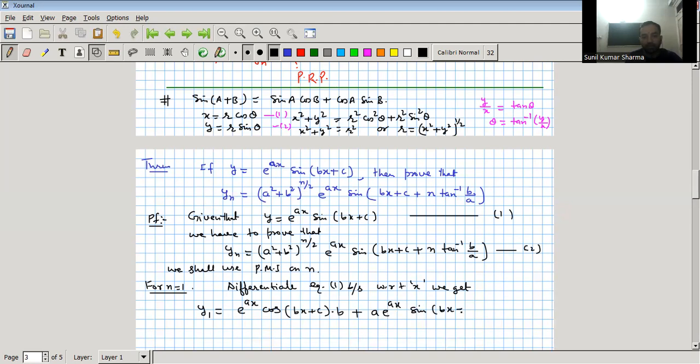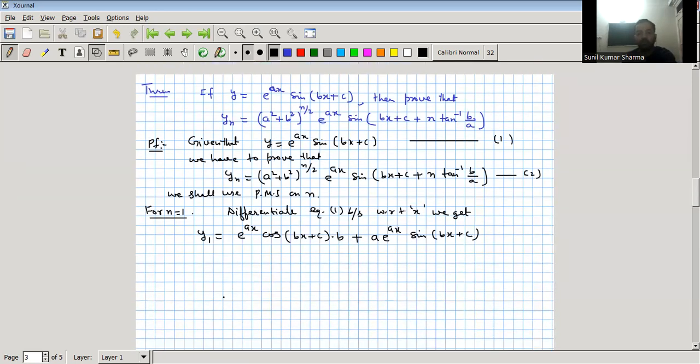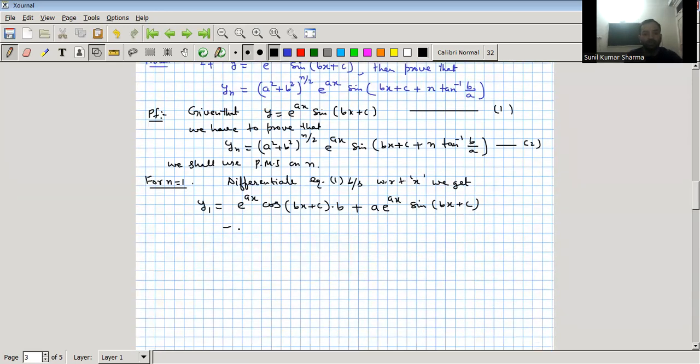If we take e to power ax common, then we can write this as e to power ax times b cos of bx plus c plus a sin of bx plus c.